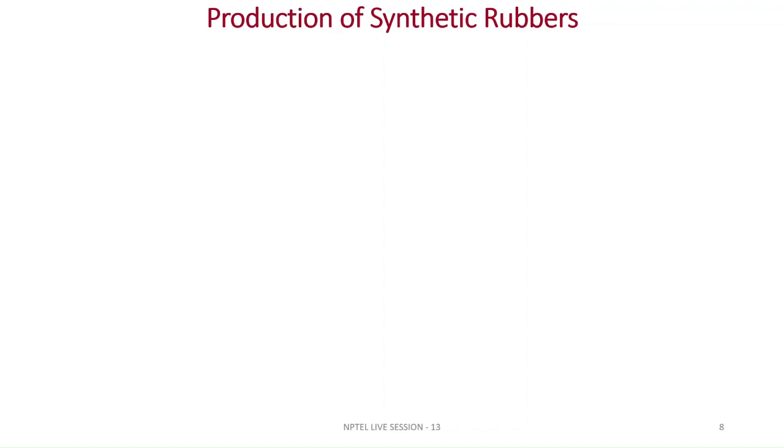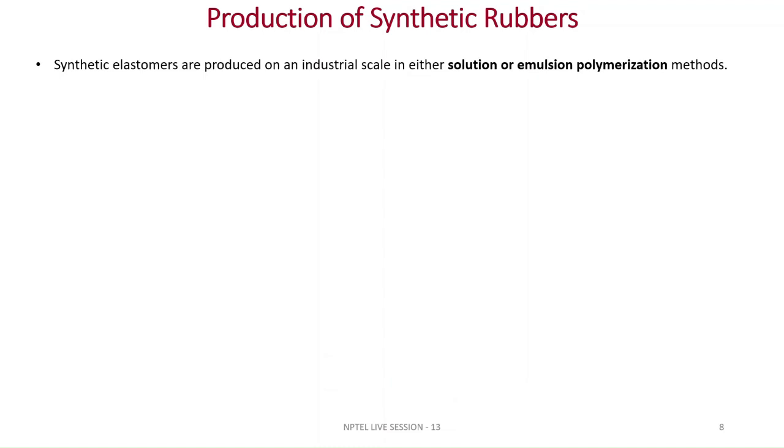Synthetic rubbers, synthetic elastomers, are produced on an industrial scale either by the method of solution polymerization or emulsion polymerization.